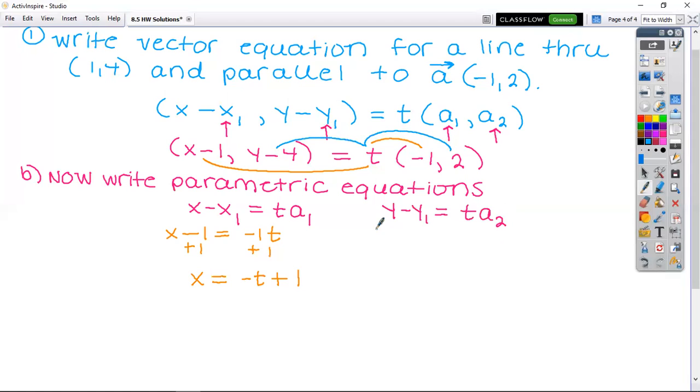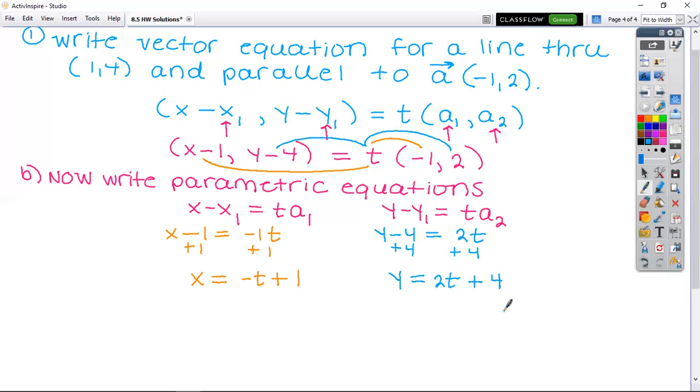So y minus 4 equal to 2 times t, and then solve for y equals. So you're going to add your 4, and you're set. So I have y is equal to 2t plus 4. And again, these are going to model movements. That is why you have a t in them. So t is your independent variable. Okay, how's that question? Pretty good?